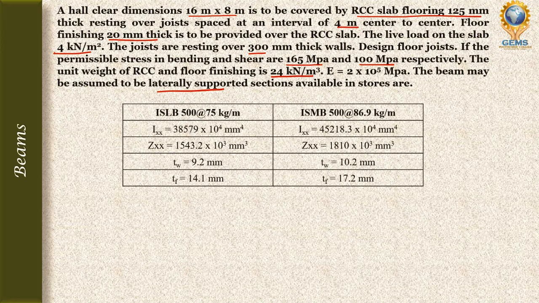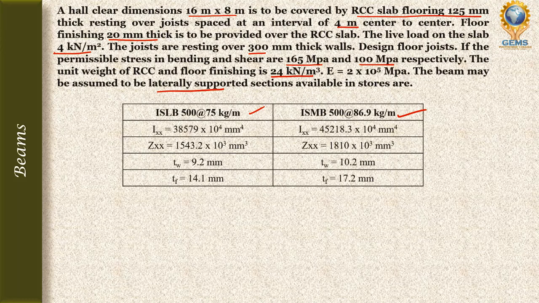So in this, we have to design the floor joist resting over the 300 mm thick wall, assume any one of the available sections in the store, and analyze whether the selected section is safe or not.